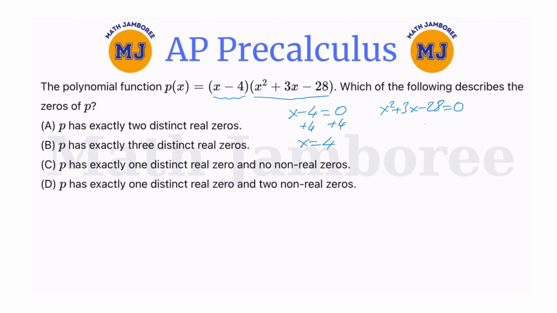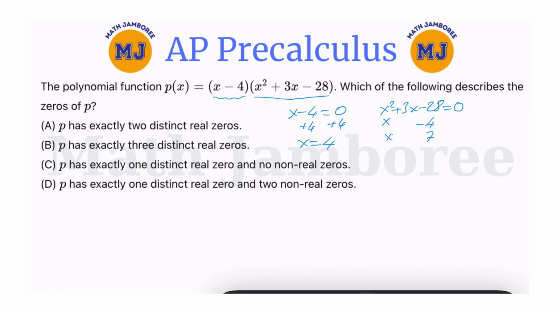What numbers when you multiply give you 28? Isn't it 4 times 7? Yes, but you need a negative 28, and when you add the 4 and 7, you're supposed to get positive 3. Because of that, 4 will be negative, because negative 4 plus 7 gives you positive 3. So this is x, and this is negative 4 and 7.